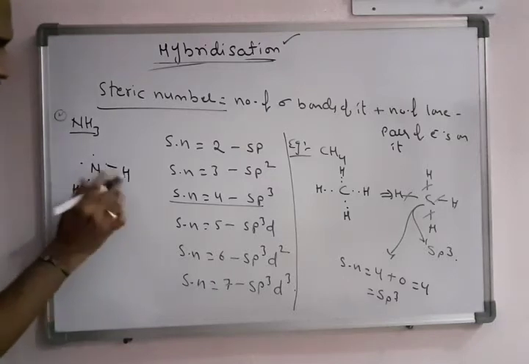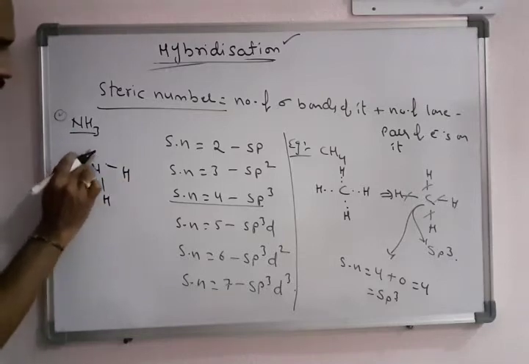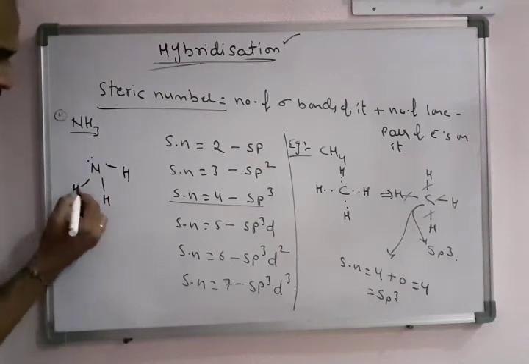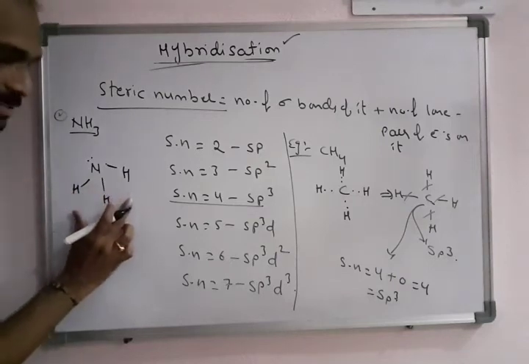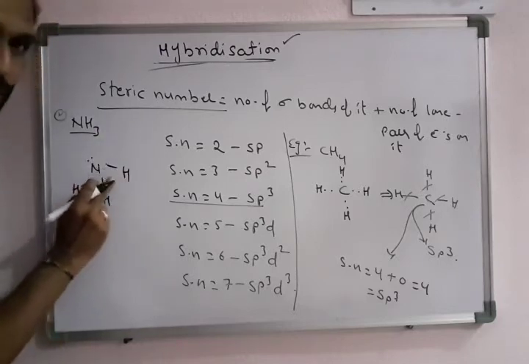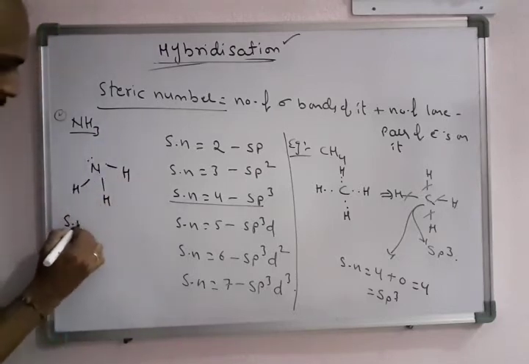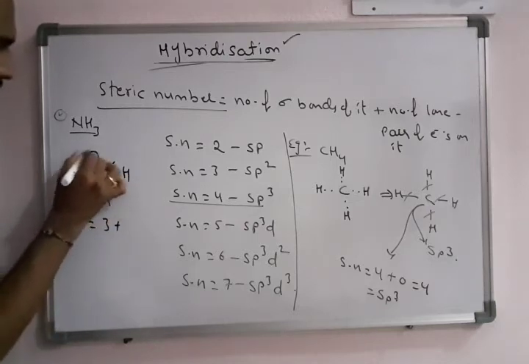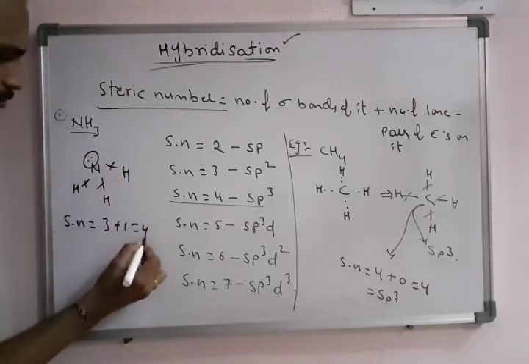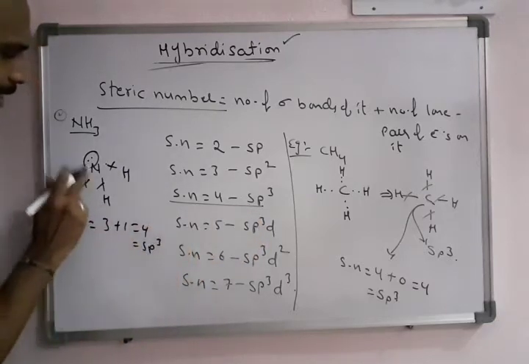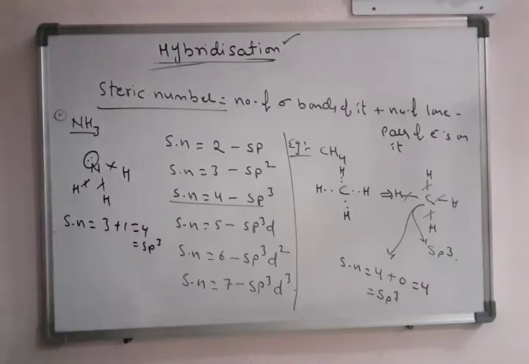It forms 3 bonds with hydrogens, and the remaining 2 valence electrons exist as a lone pair. Here we are not writing the exact structure, just calculating the hybridization of nitrogen. What is the steric number here? It has 3 sigma bonds and one lone pair, total 4. So nitrogen undergoes sp3 hybridization in ammonia.